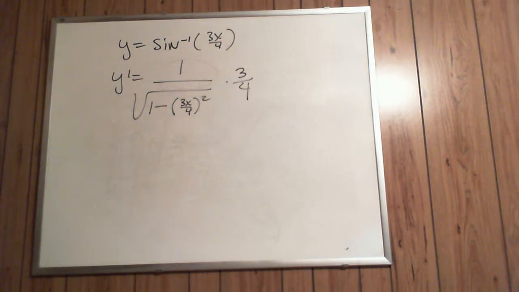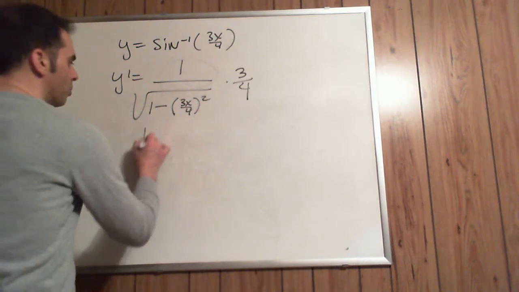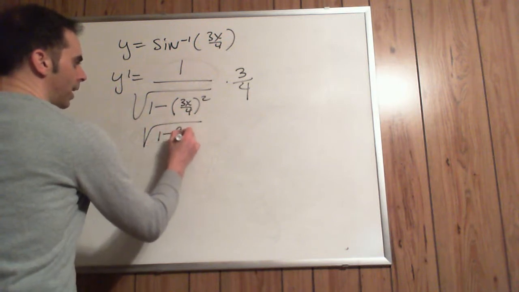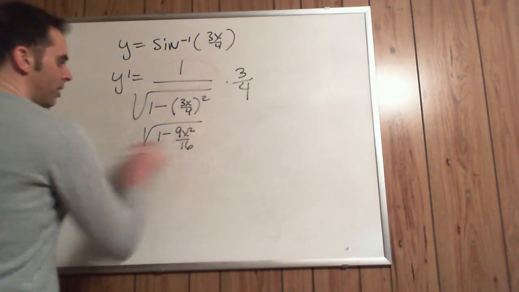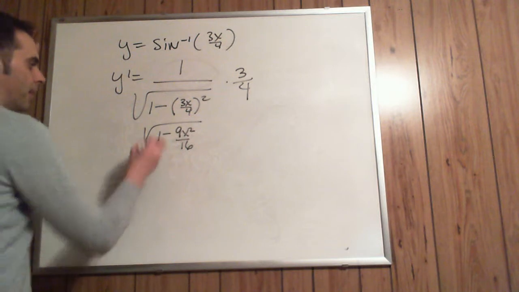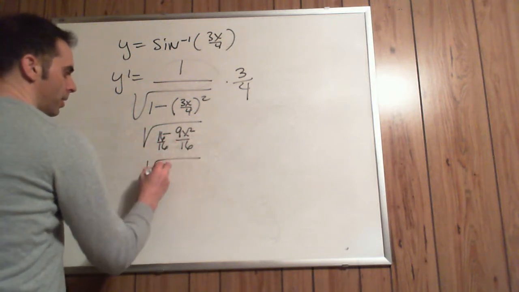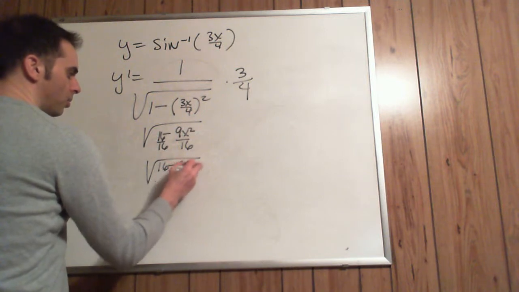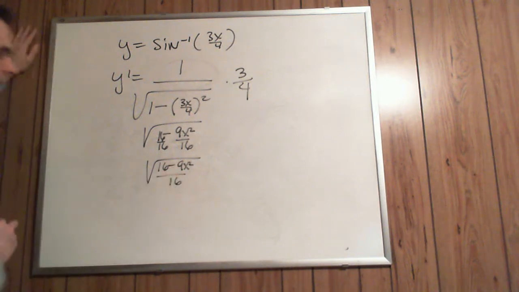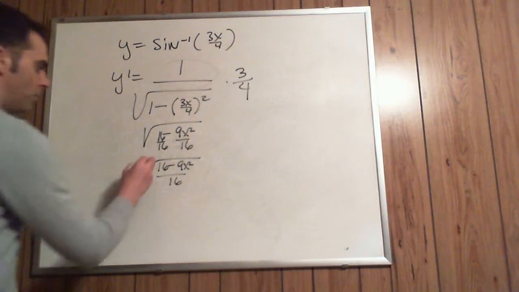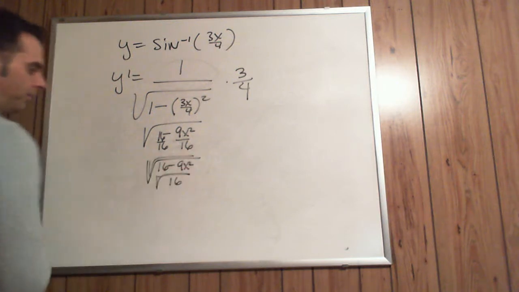It's not cleaned up. So this would become the square root of 1 minus 9x squared over 16. Square that. Make this a 16 over 16. And then make this 16 minus 9x squared over 16. Take the square root of both the top and the bottom.